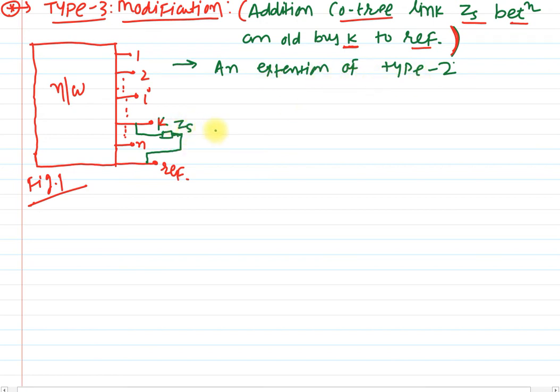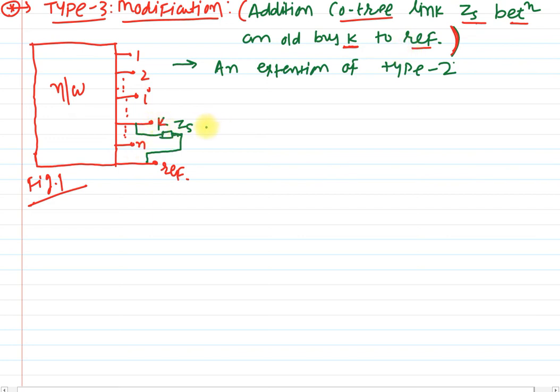First we have considered ZS connected between a new bus Q to an old bus K, and then we connected that new bus Q to the reference bus. So which is our type 3 modification, addition of cotree link ZS between old bus K to the reference bus.